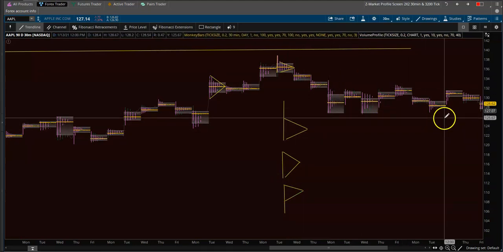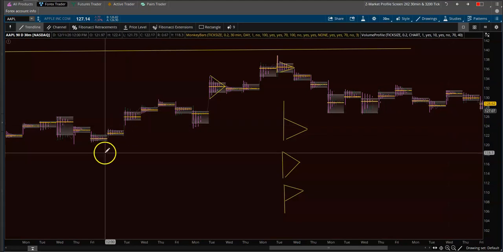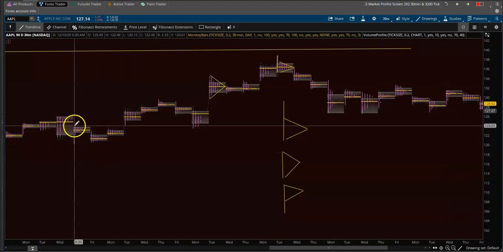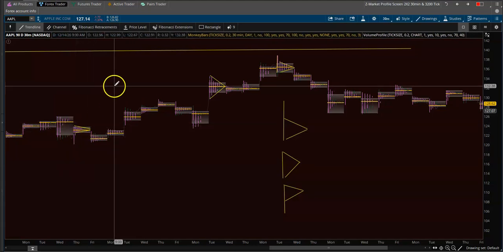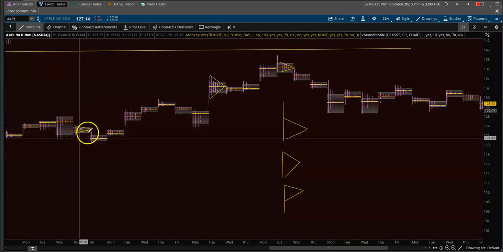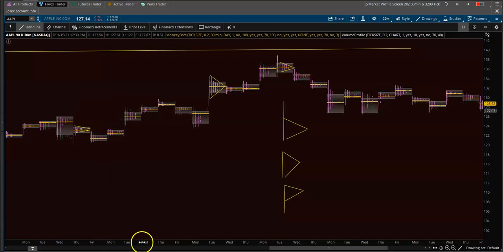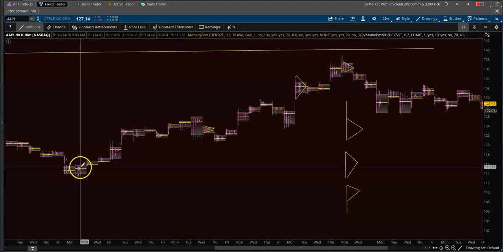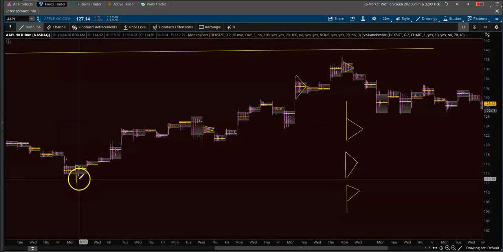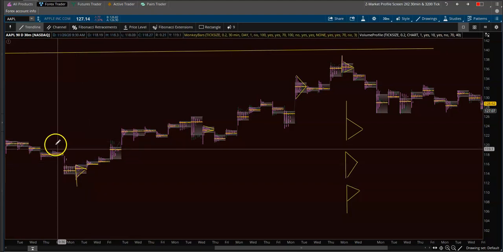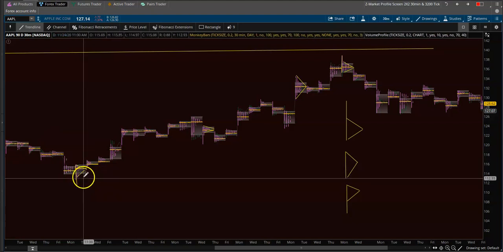So let's look for a potential P shape right here. Here's a P shape. Now, it doesn't always mean prices go up the very next day, but usually they are bullish patterns. Here's a P shape right here. What happens is price falls, we have the P shape.